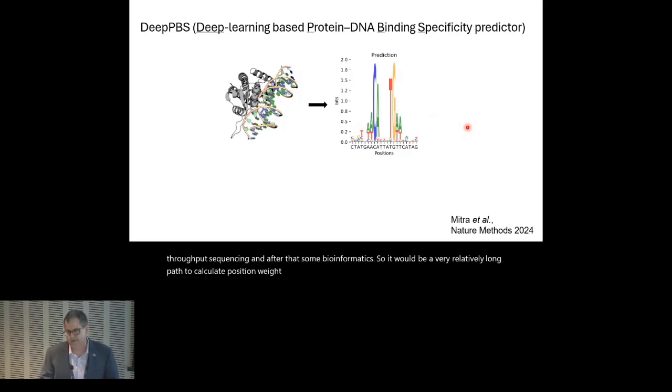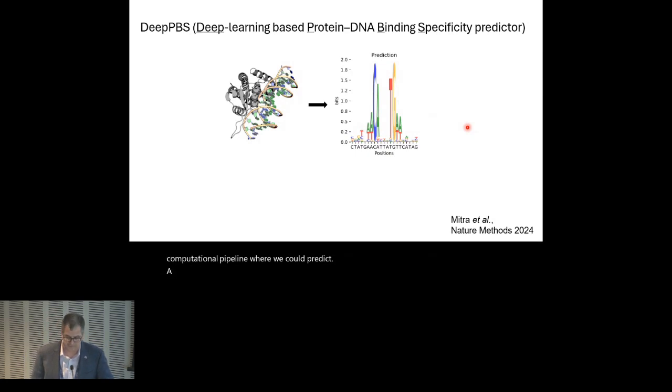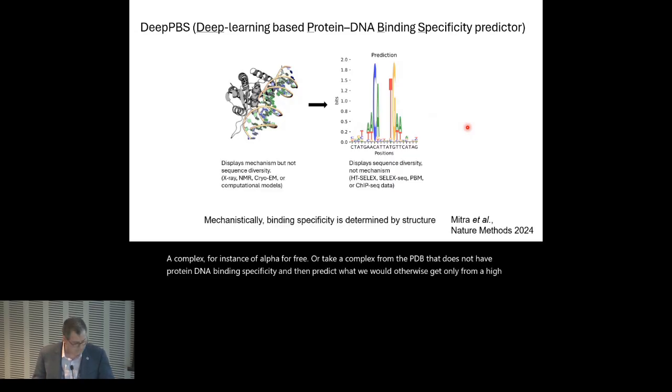We wanted to replace this through a purely computational pipeline where we could predict a complex, for instance, with AlphaFold 3, or take a complex from the PDB that does not have protein-DNA binding specificity, and then predict what we would otherwise get only from a high-throughput binding assay.